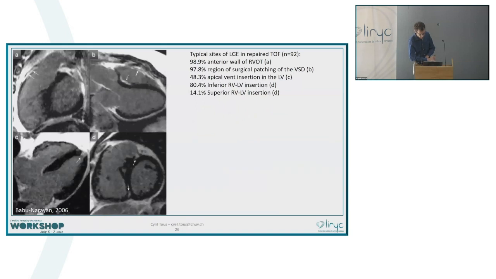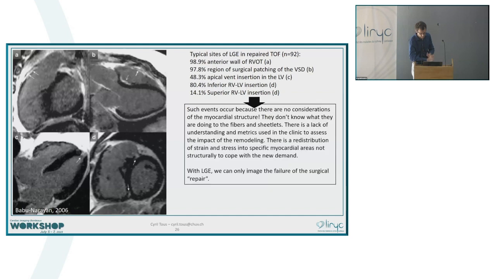As I probably mentioned, when they do surgery in congenital heart disease, mostly they try to change the gross anatomy for the patient to be able to survive, but they don't really consider the sheetlets and fiber configurations. So when they change the anatomy, you change the loading onto some segments, and those segments are not necessarily designed to handle such stress and strain.